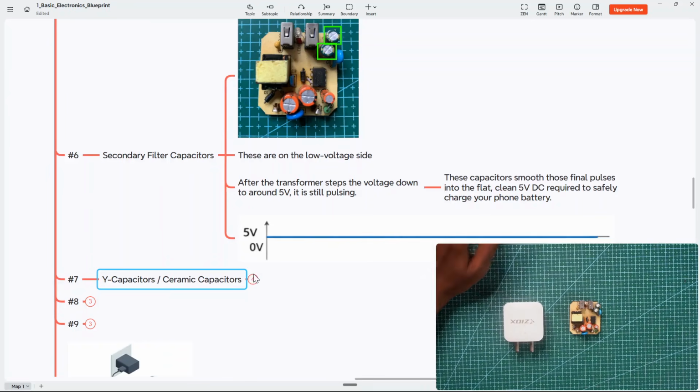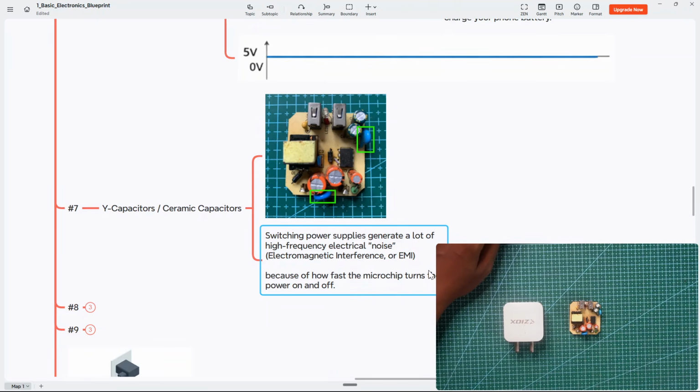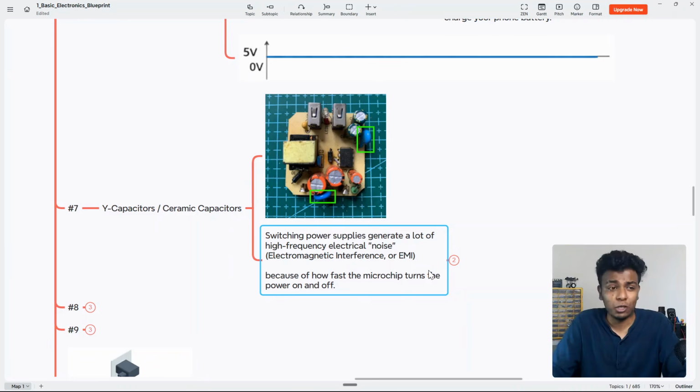Very simple. Whenever you talk about this kind of conversion, this kind of electronics, definitely there will be a lot of noise whenever we are doing this kind of faster switching, like on-off switching and so on. So definitely it is going to create a lot of electromagnetic interference, which is known as EMI.